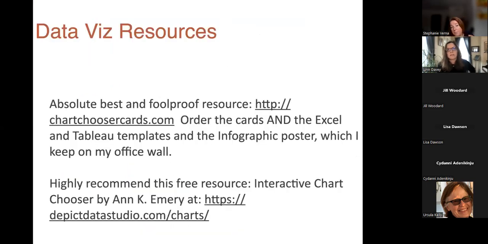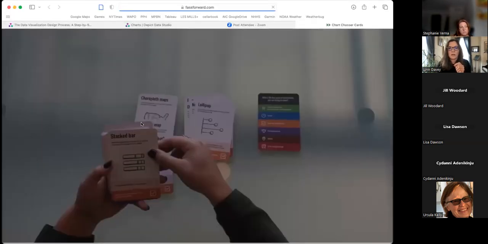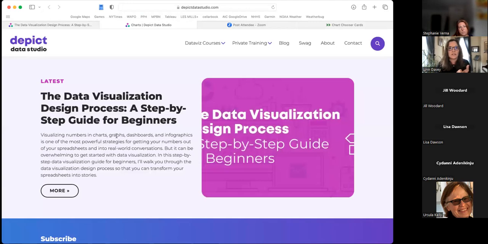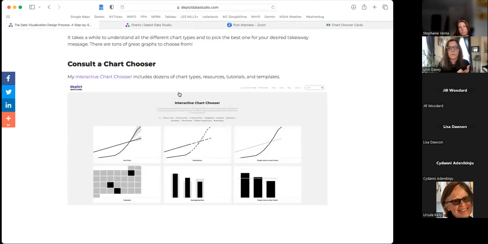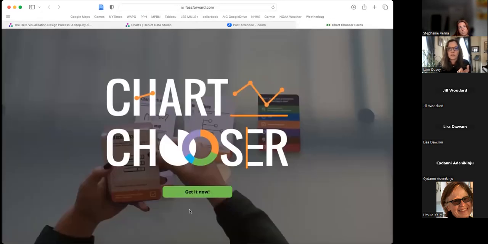And so some data viz resources, these are going to be in the handout. I have this set of chart chooser cards. I can actually show you what these are because my screen is open.